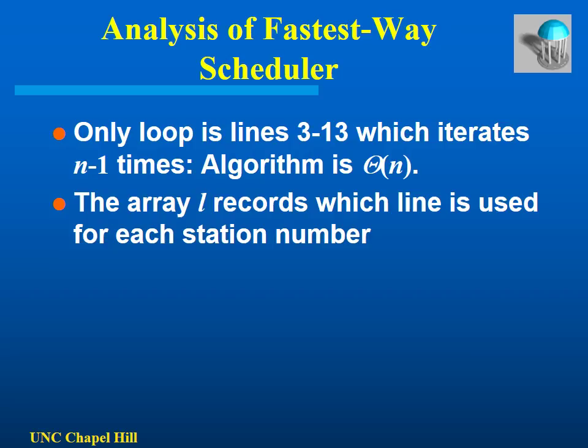There's only one loop here, the j equals 2 to n loop. The algorithm is thus theta of n.